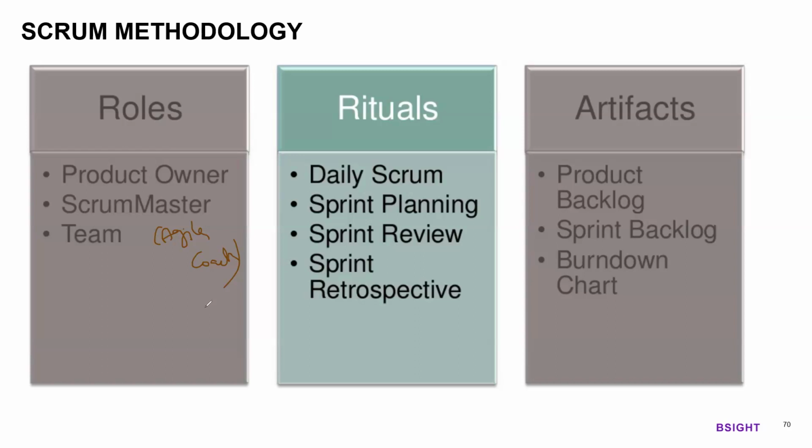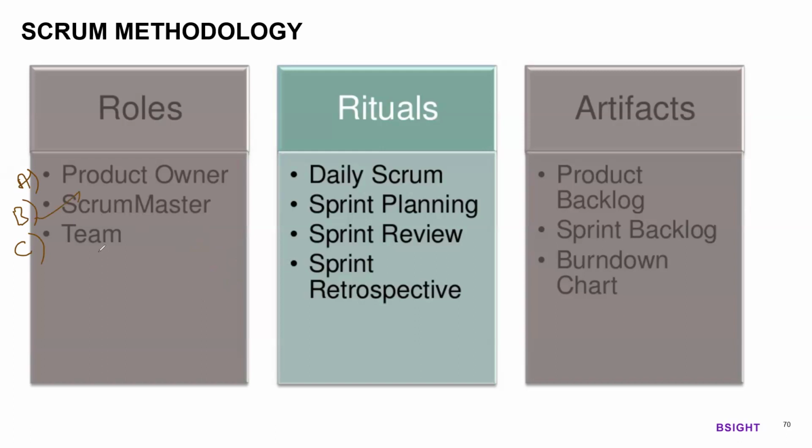That is Scrum Master. Question: which role is equivalent to a project manager's role in a Scrum project? A, product owner, B, Scrum Master, C, team. The right answer is, most of you are right, B, Scrum Master.